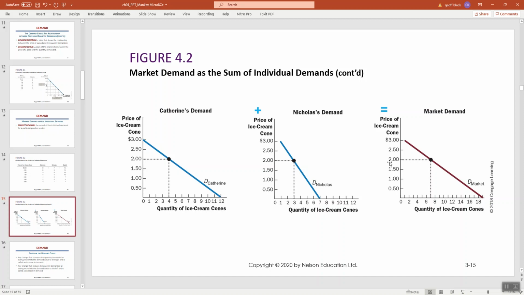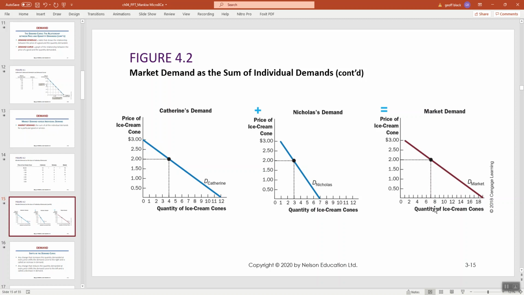So at the market price of $2, the market demand is 7, 3 plus 4. Okay? So we're still graphing price on the vertical and quantity on the horizontal. I hope that makes sense. So that's the market demand, and it's just the sum of individual demands.